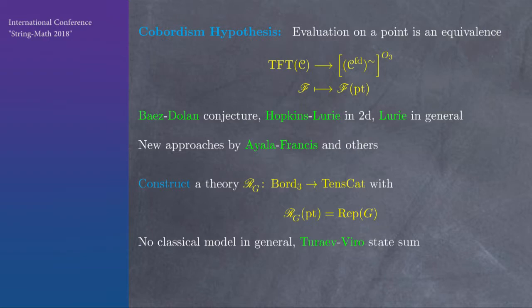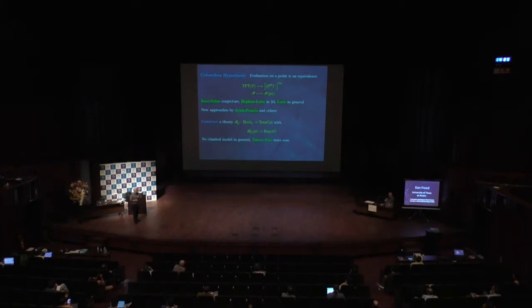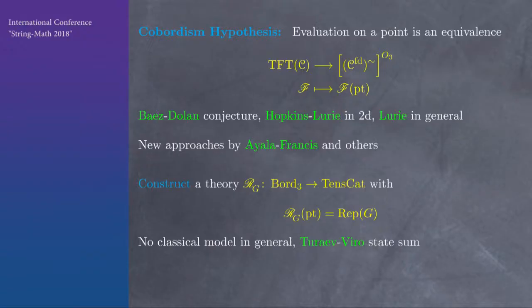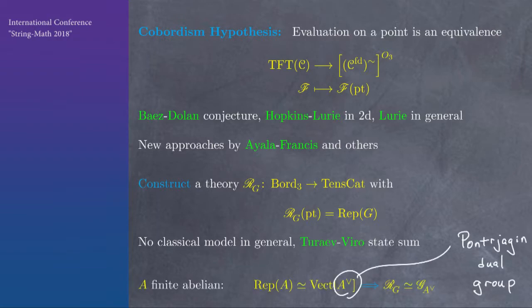That satisfies all the conditions needed up here, and so we get a field theory, which I'm calling R sub G. So that doesn't have a classical model. It has a state sum model due to Turaev-Viro. Now, in the case when G is a finite abelian group, the representations that are irreducible are all one-dimensional, and they themselves form a group.